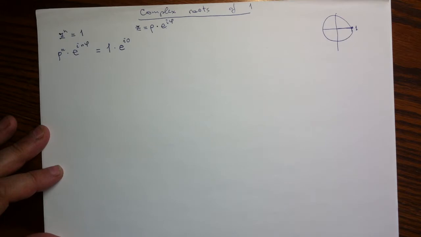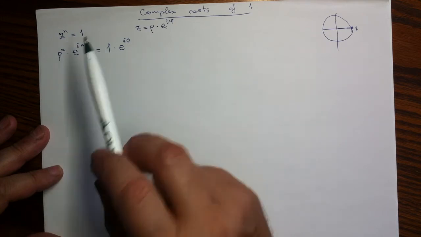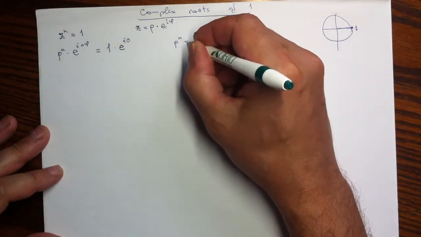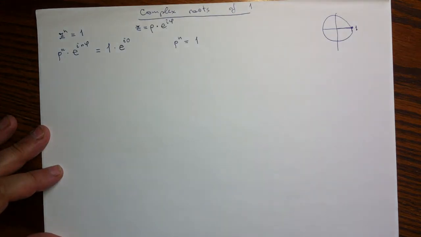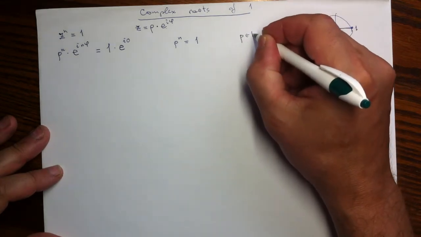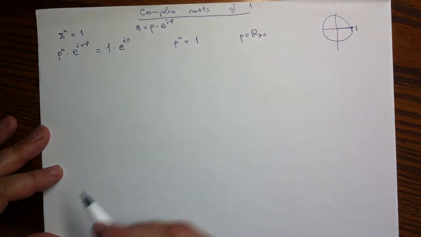And as with any system of coordinates, 2 points coincide if their coordinates coincide. So we have now two equations. The first equation for the absolute values: rho to the n is equal to 1. And remembering that rho is a non-negative real number, there is only one solution.